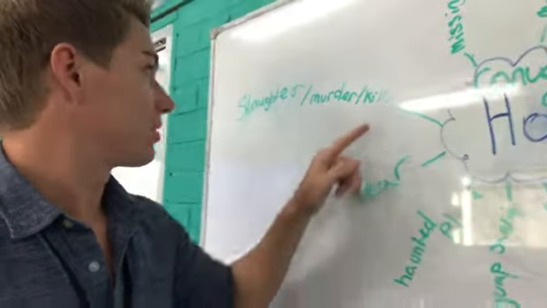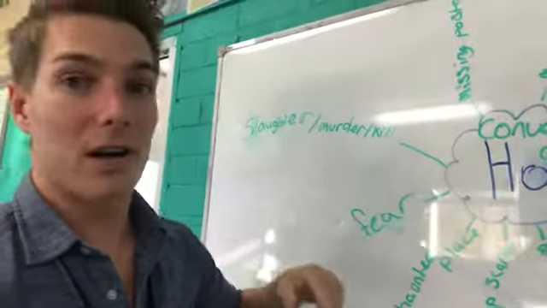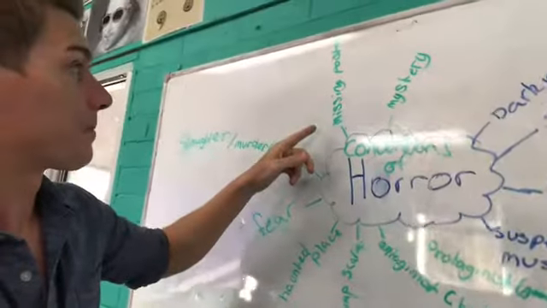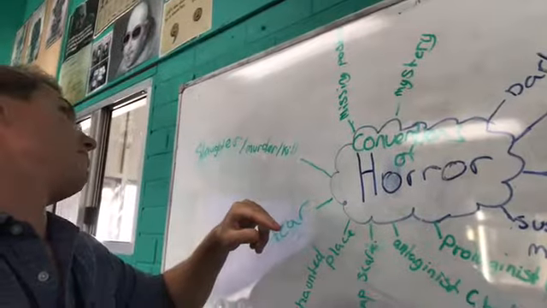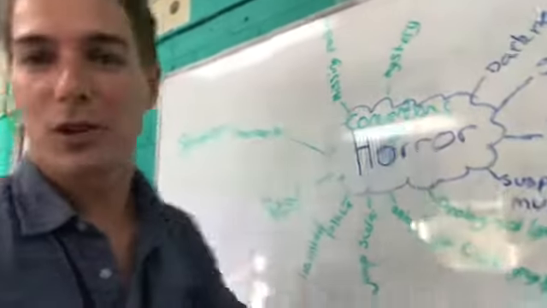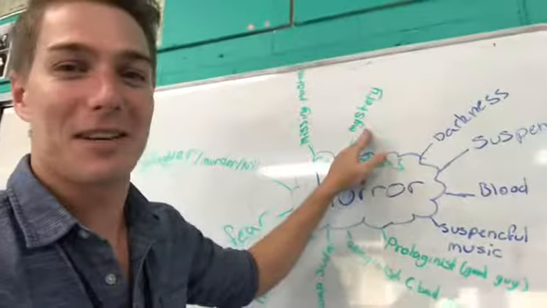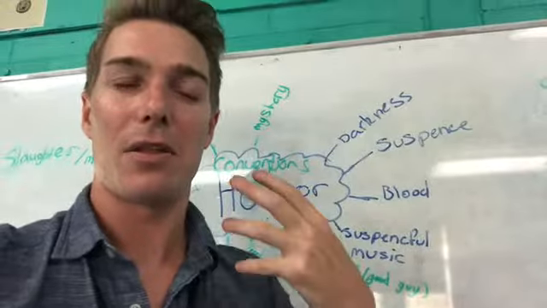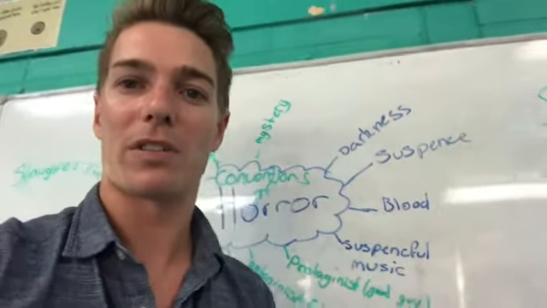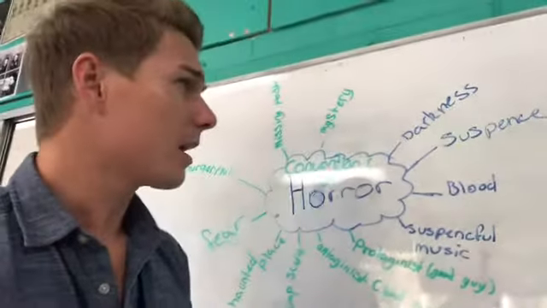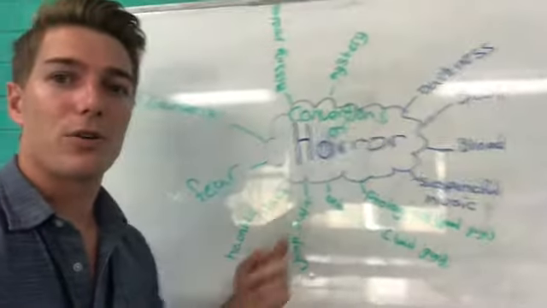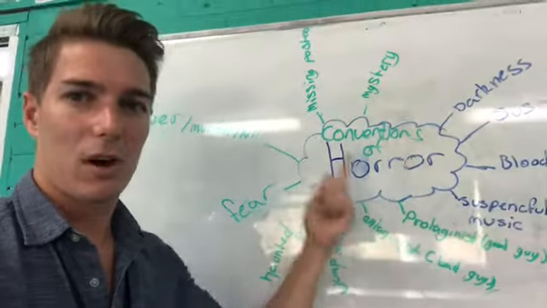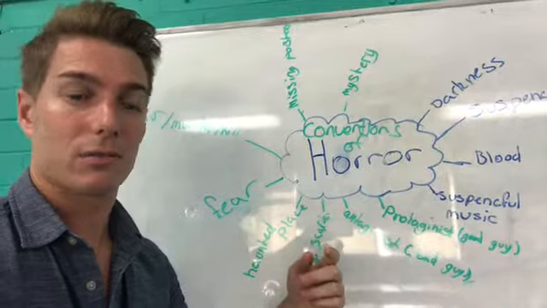Fear as a convention. Slaughter, murder, death. Mystery, right? Again, a lot of fear is in the mystery, not knowing what's going to come next. So these are called your conventions of the horror genre, right?